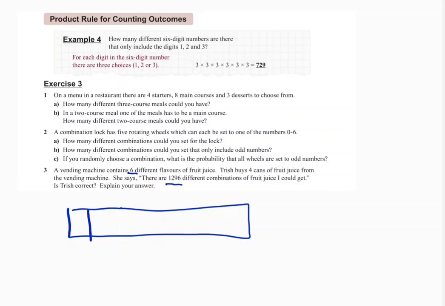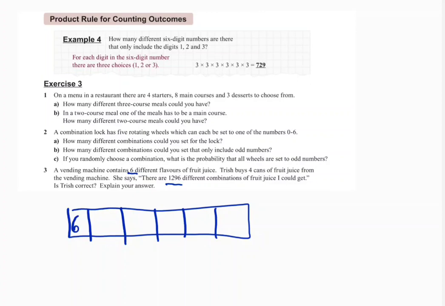So I'm going to divide that into 6 sections. We said that there are 6 different flavors. So let's say this is her first attempt, and at her first attempt, there are 6 possible flavors, because she still hasn't got any type of juice yet.